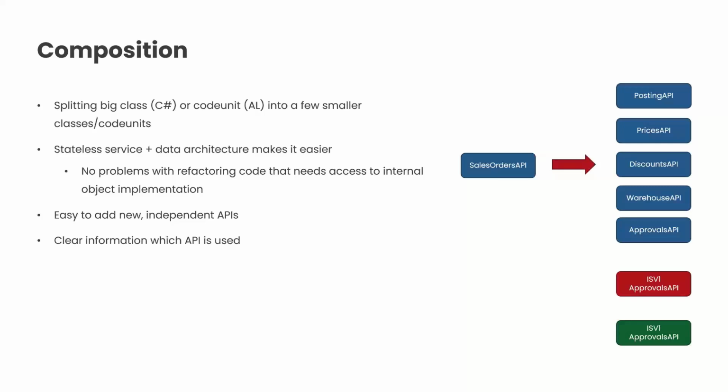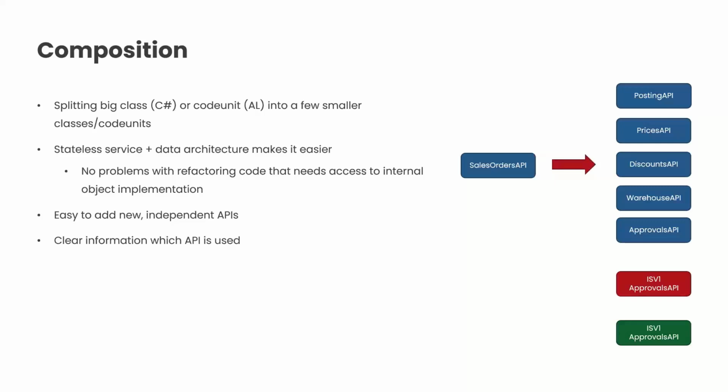While if you treat those codeunits as APIs, as services, you can clearly declare in your code, I'm now using the approvals API from ISV1, and all calls are going through this service. And as I have mentioned, it's easy to add new independent APIs later, where the methods are not ending up in a table.